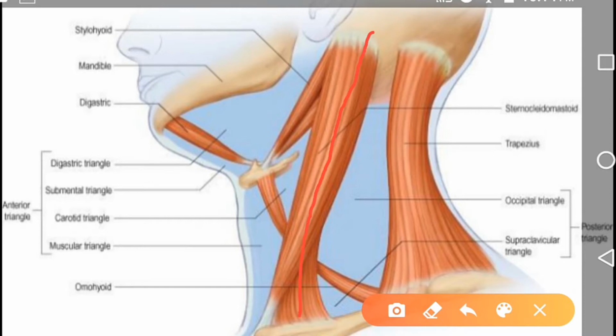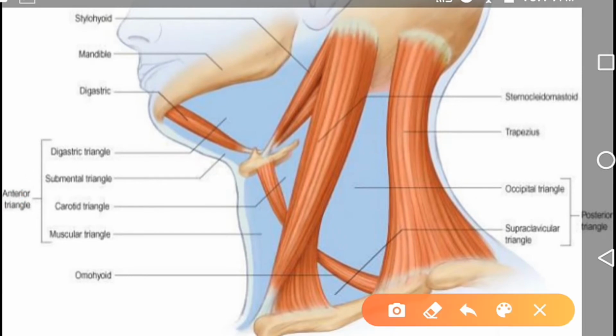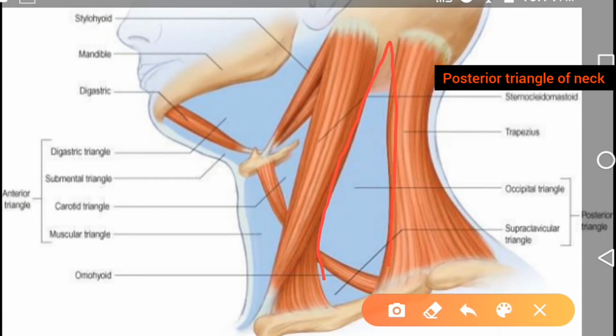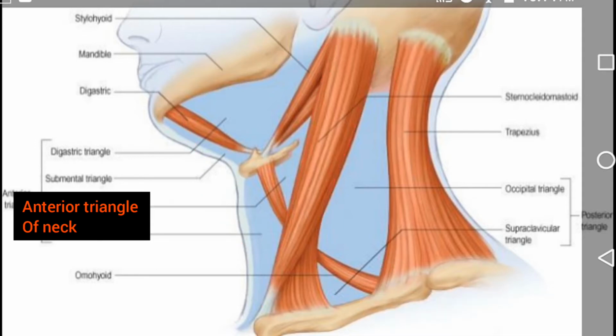And this is the trapezius muscle, and these muscles together form the triangle-like structure here. So this is the posterior triangle of the neck. This structure resembles a triangle. Also here we have the anterior triangle of the neck. This structure resembles a triangle, so this is also known as the anterior triangle of the neck.